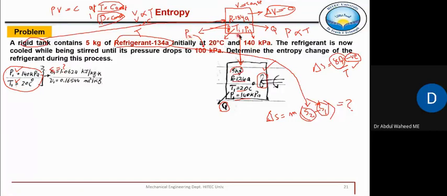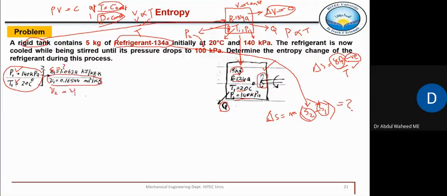So now here is what is given: a rigid tank. It means during this process, when heat is transferred, the volume of the substance does not change. That was given. V is constant, meaning V1 is equal to V2. This V1, which we calculated at the initial state, will be equal to V2.